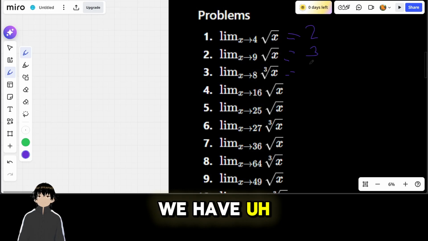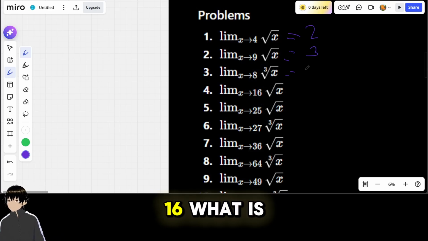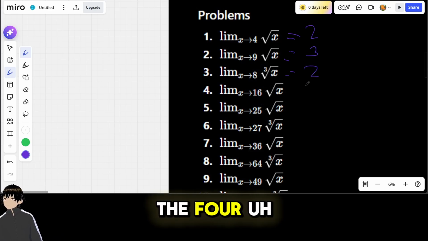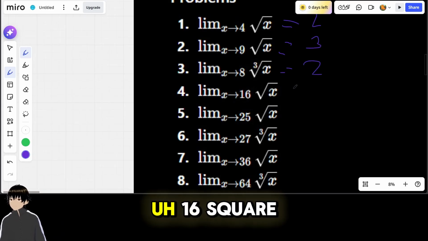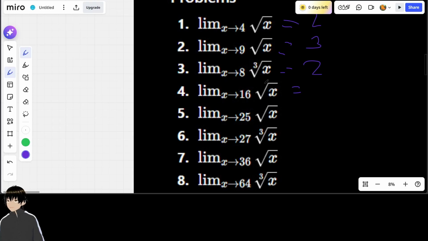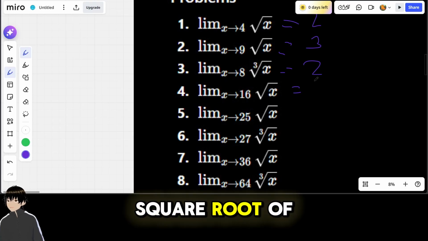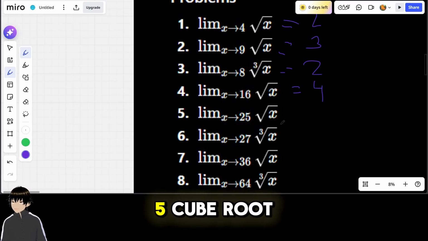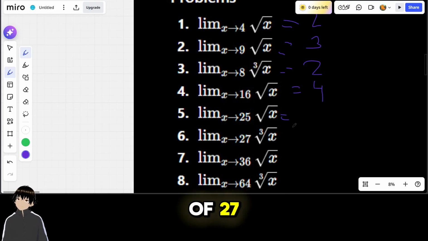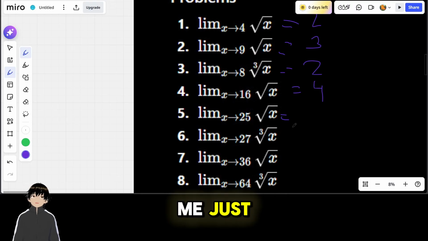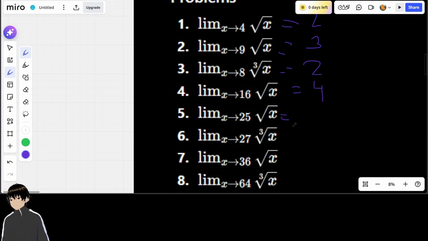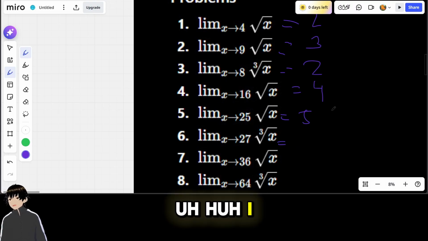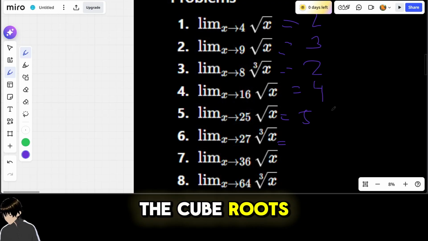We have 16. Square root of 16 is going to be 4. Square root of 25 is going to be 5. Cube root of 27, I don't really know. I haven't really memorized the cube roots.